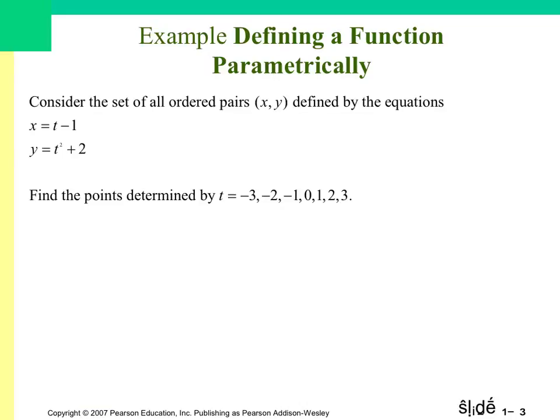Consider the set of all ordered pairs x, y defined by the equations x equals t minus 1, y equals t squared plus 2. Find the points determined by t equals negative 3.